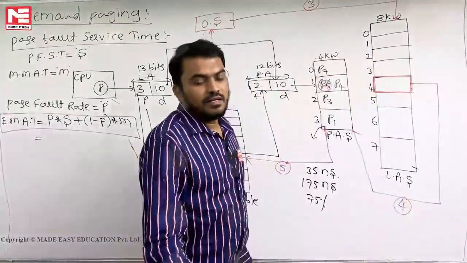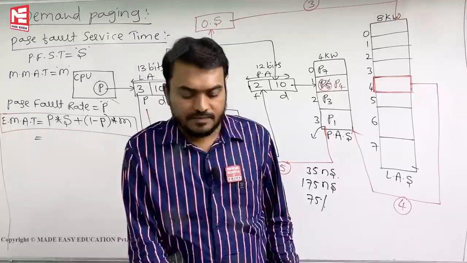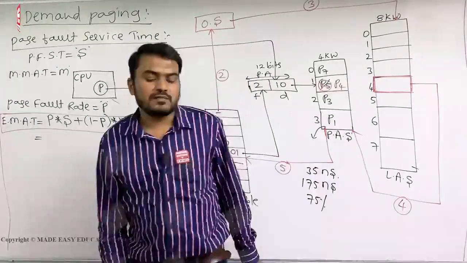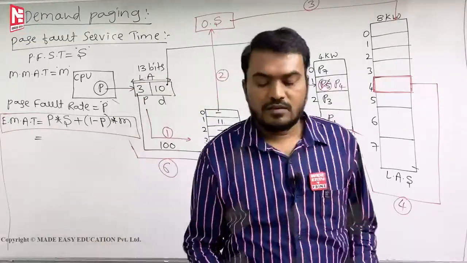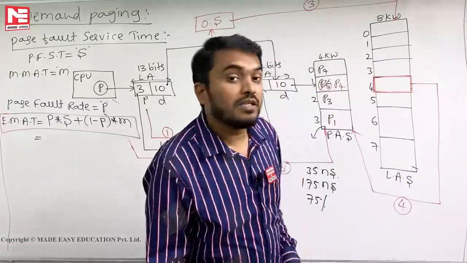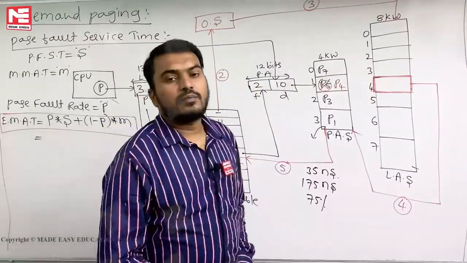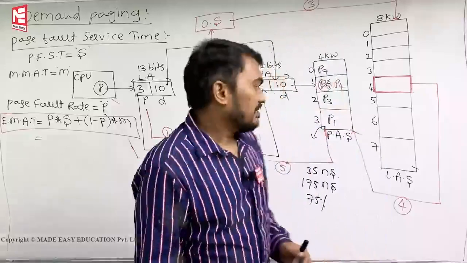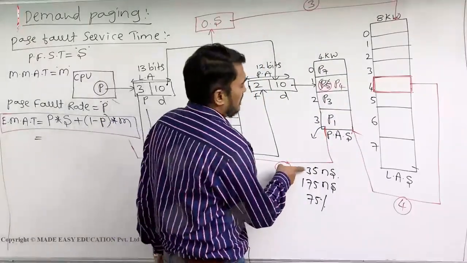Consider a system which has a main memory access time of 35 nanoseconds.